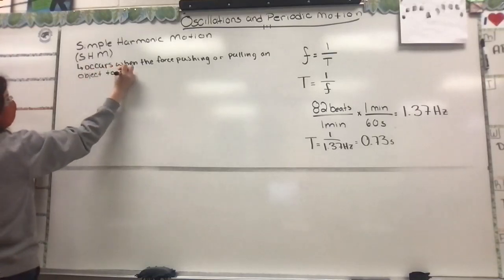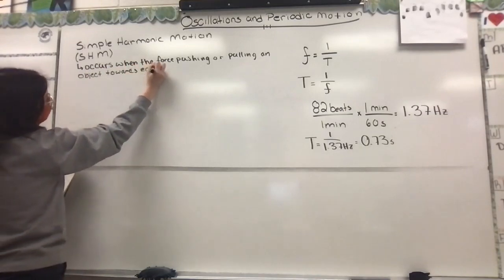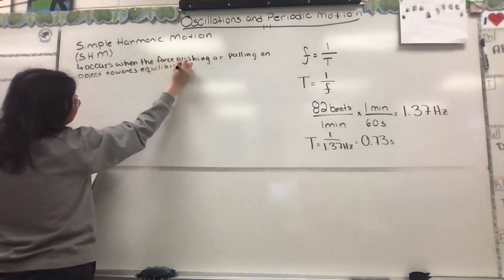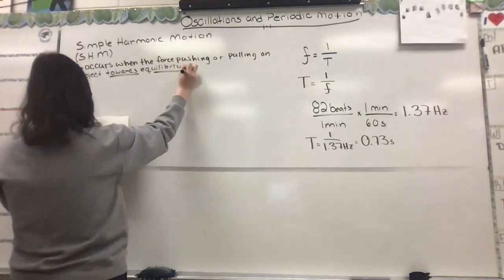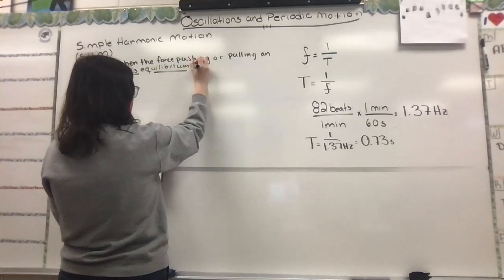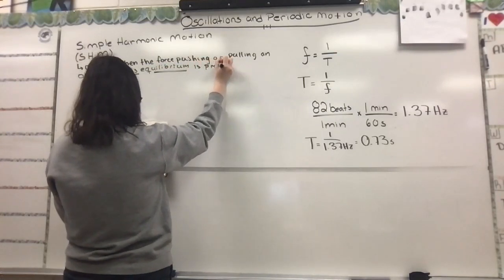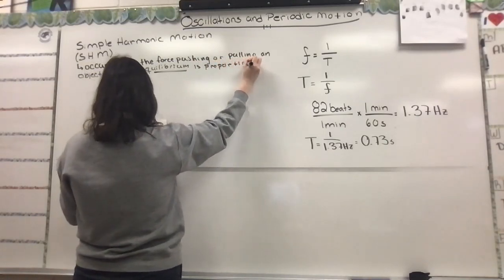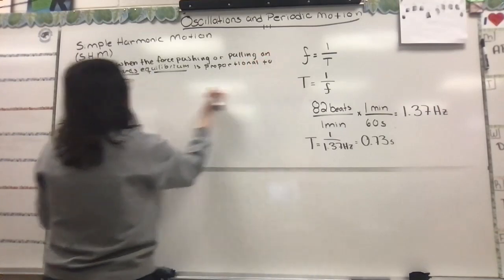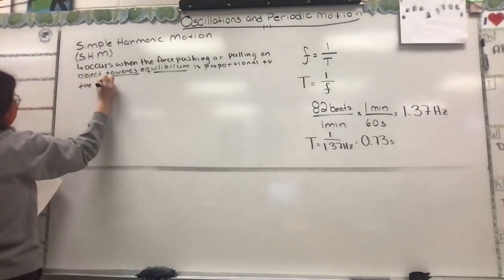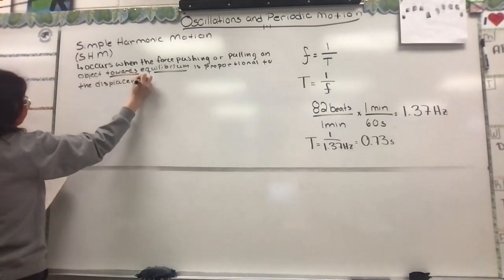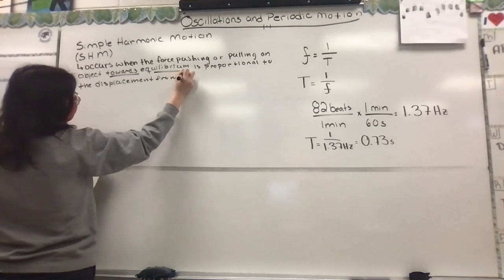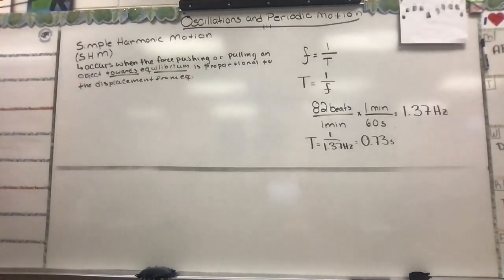So it occurs when the force pushing or pulling an object towards equilibrium is proportional to the displacement from equilibrium.